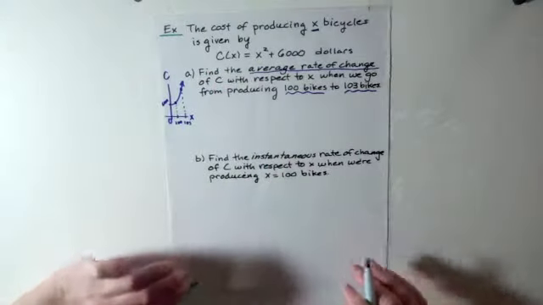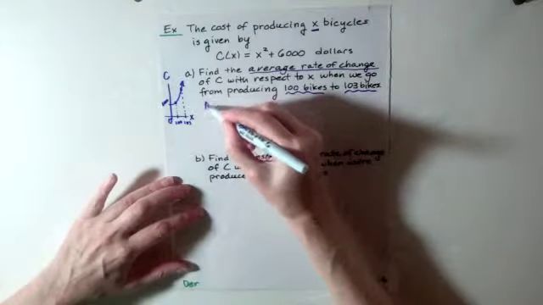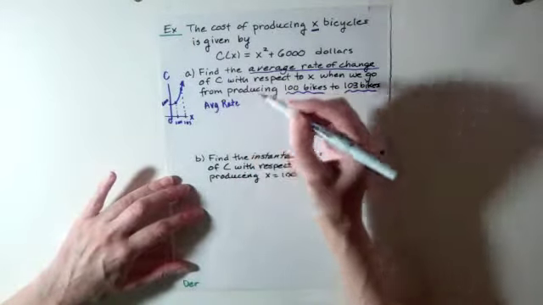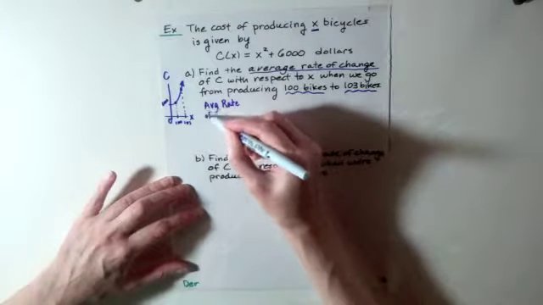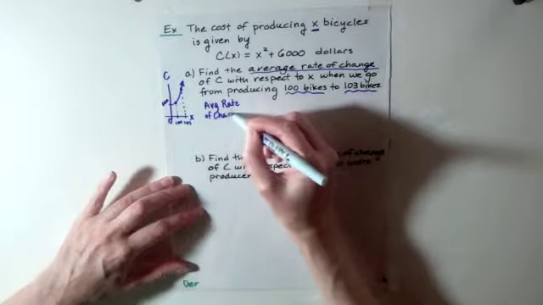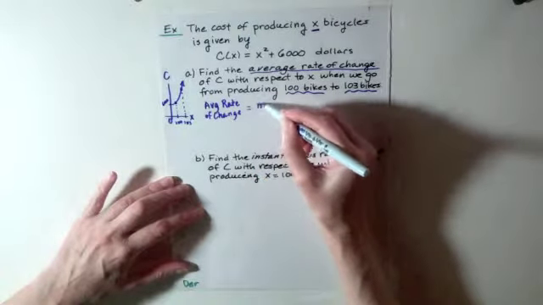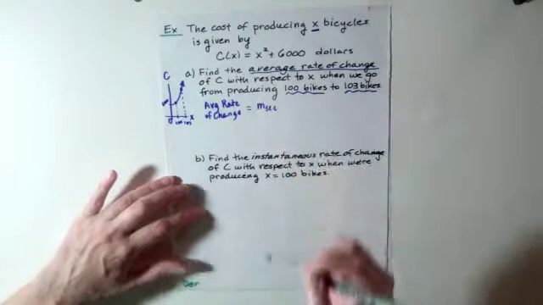Well, what is that geometrically? Remember, we said the average rate of change of C is going to be equal to the slope of the secant line geometrically.